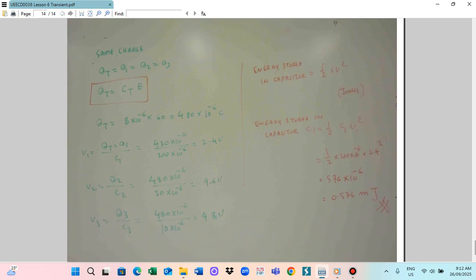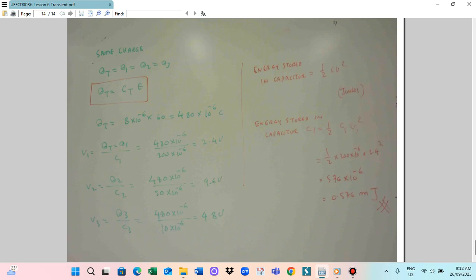So this is the way that we calculate the charge across the capacitor, and also the energy stored in the capacitor. For energy stored in a capacitor we use half into C into V square. The unit will be the joule.